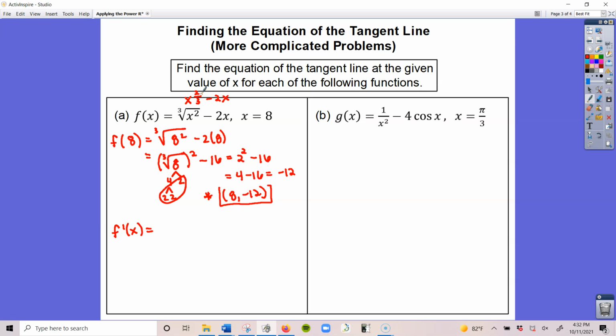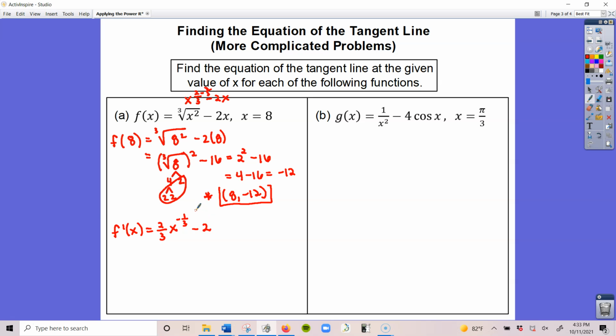So f prime of x, 2/3 times 1 is 2/3 x, and now I'm going to subtract 3 over 3. So 2 over 3 minus 3 over 3 would be negative 1 over 3, minus 2. So this is my derivative.